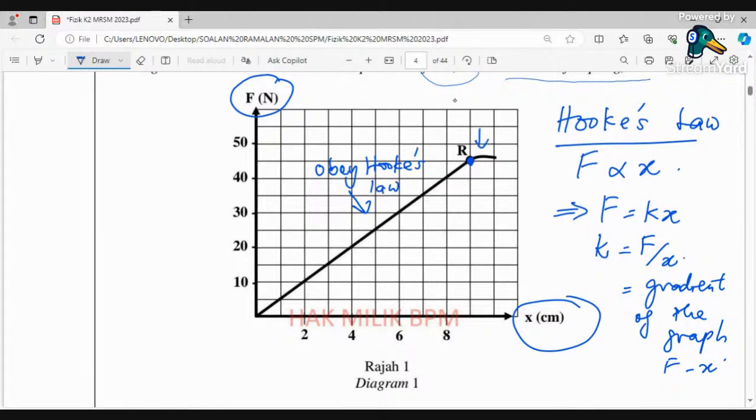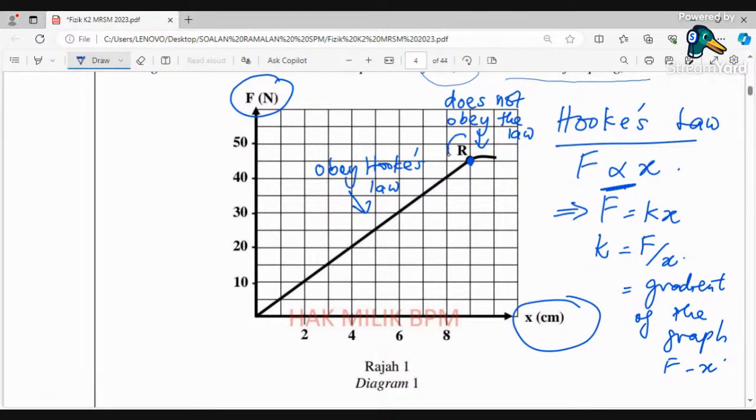The curve does not obey the law, because the law is directly proportional, so the graph should be a straight line. Here the curve means it does not obey Hooke's law, which means the spring loses its elasticity after this point.